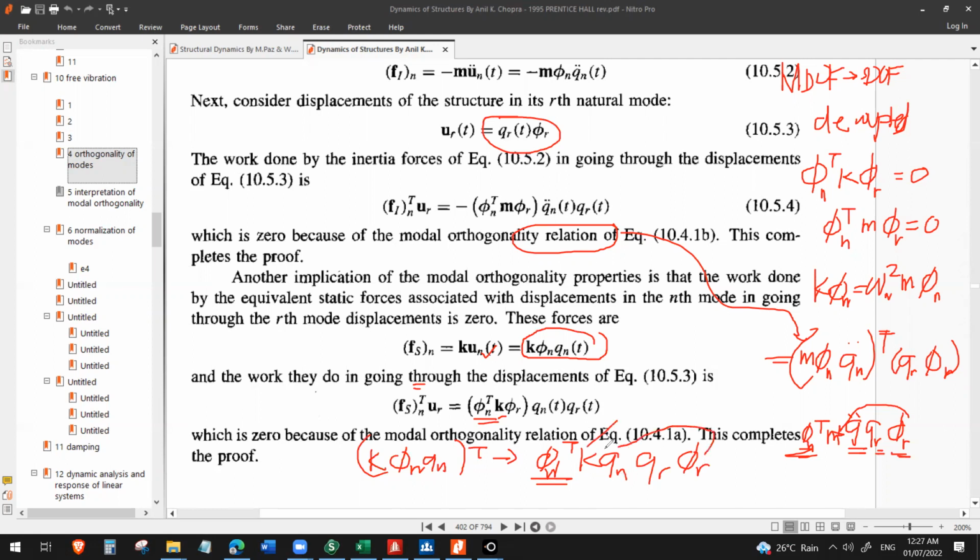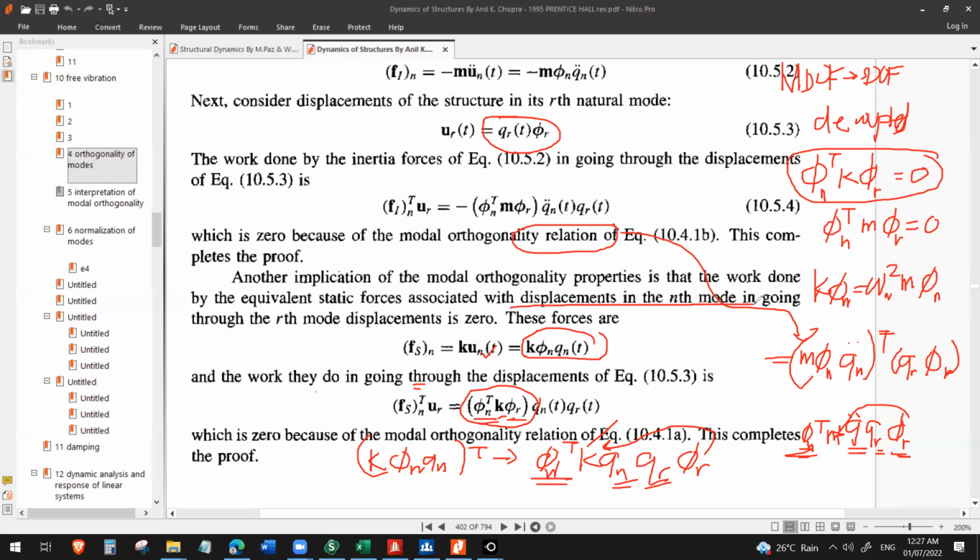Phi sub r, again, nag-switch. Ito yun. And Q sub n, Q sub r. And again, phi n transpose K phi r, you invoke this, that is 0. Okay, so the work done by the equivalent static force is 0, and the work done by the inertia force is also 0.